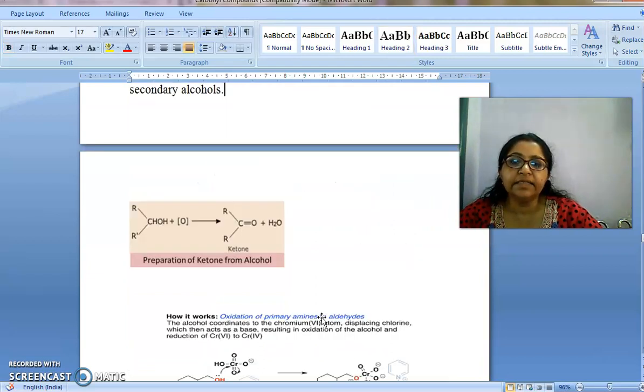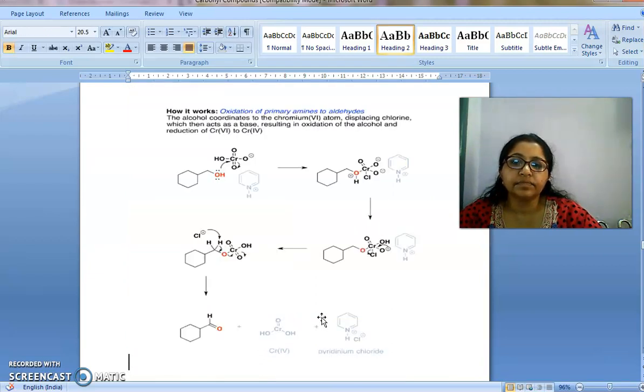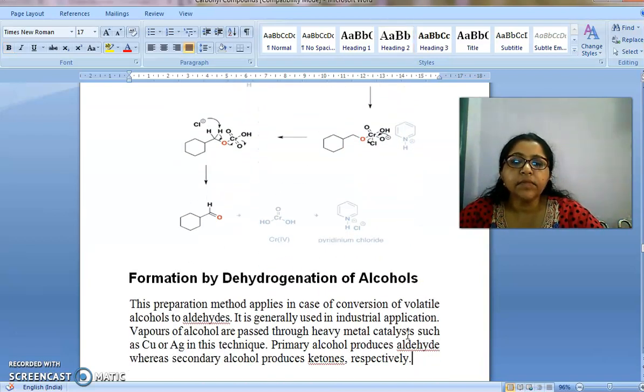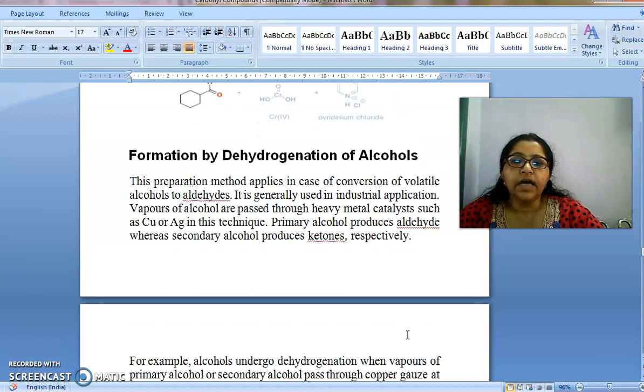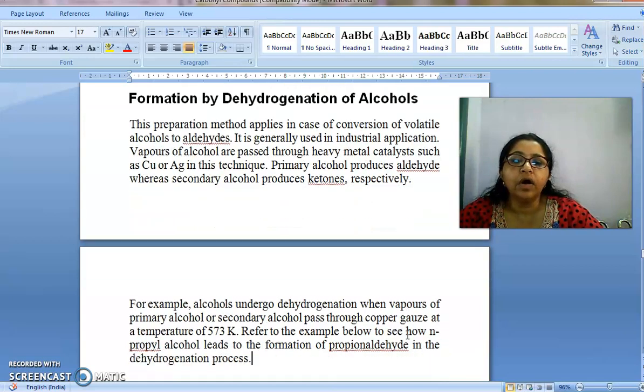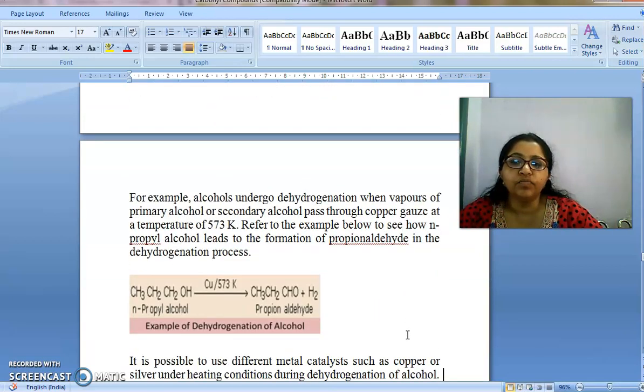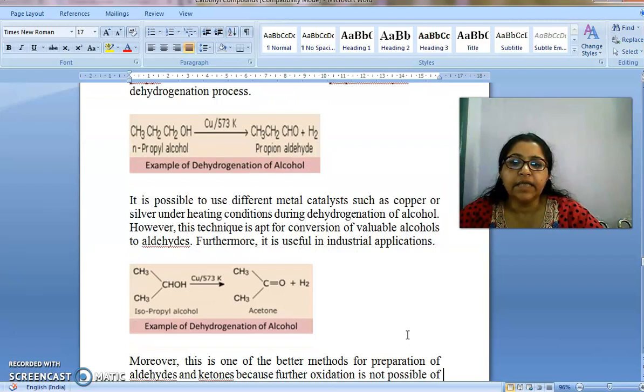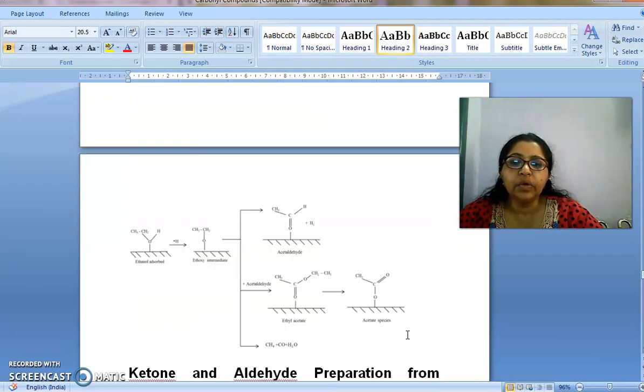Let's see the mechanism. It is almost the same type of mechanism, so you can go through it on your own. Now, formation of aldehydes and ketones by dehydrogenation of alcohol, by removal of a hydrogen molecule, can be done. So you go through all this writing.